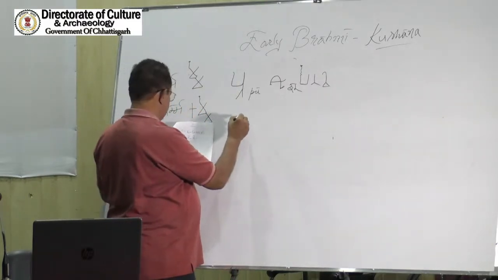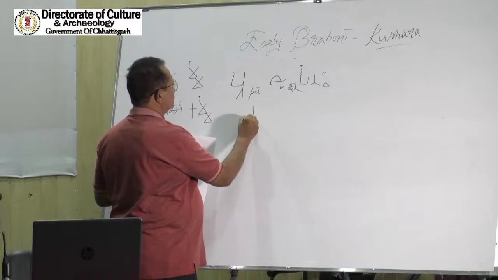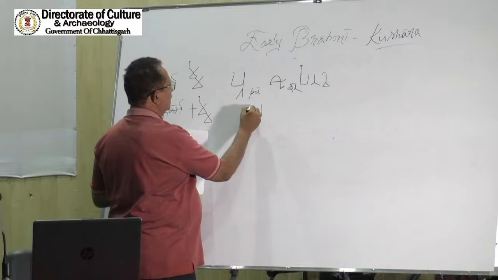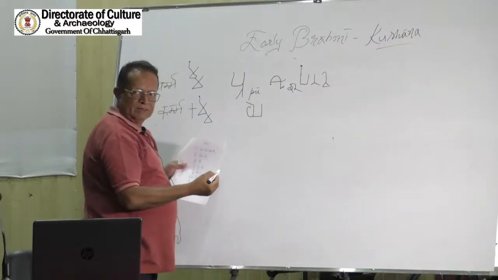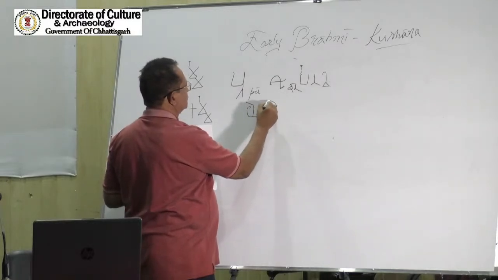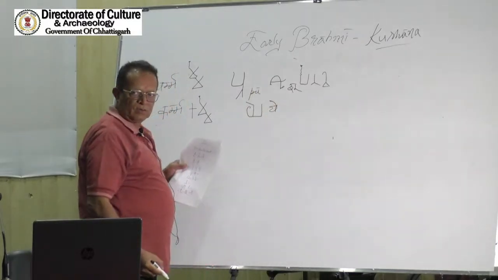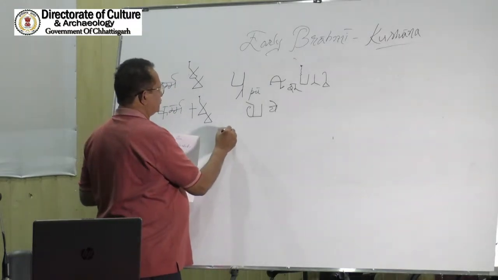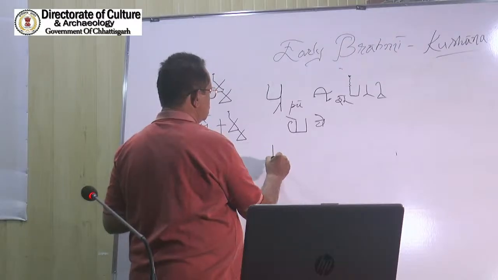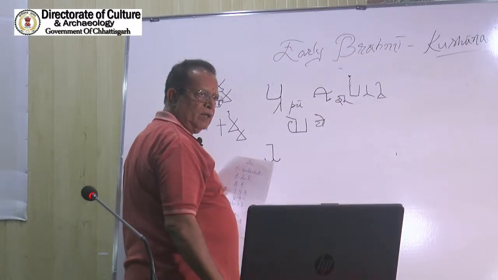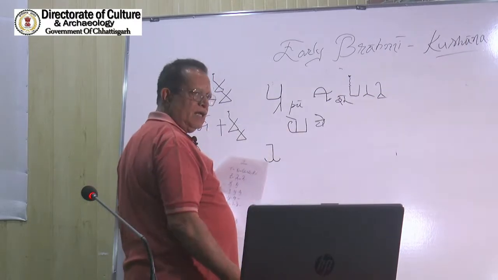And the A sign here goes like this, the direction of A. In fact, we also follow that same A. Earlier we used to attach it like this, A, Mauryan, but they made it slightly slanting.